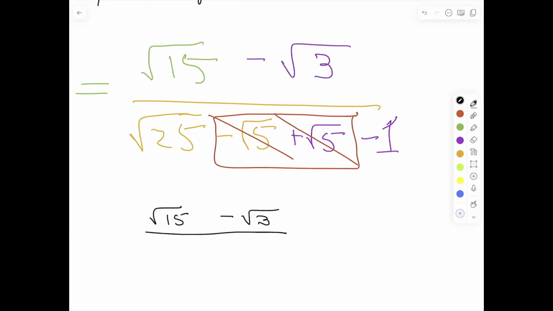And I have square root of 25 minus 1. Is the square root of 25 a perfect square? Yeah. So that becomes 5, and I have a -1. So this final answer is square root of 15 minus square root of 3 over 4. This is my final answer.